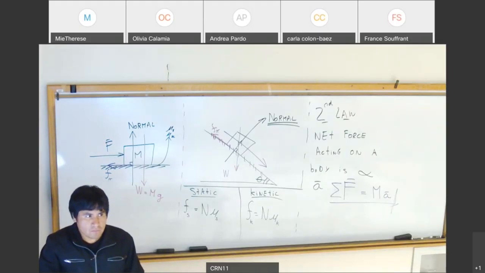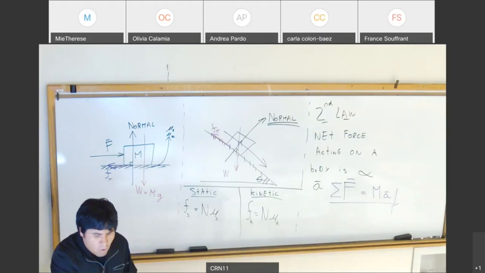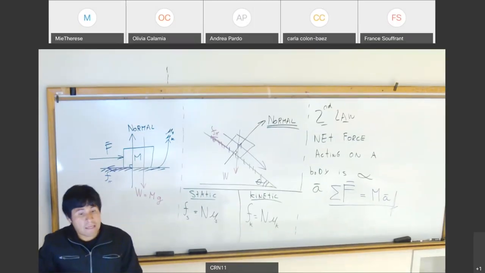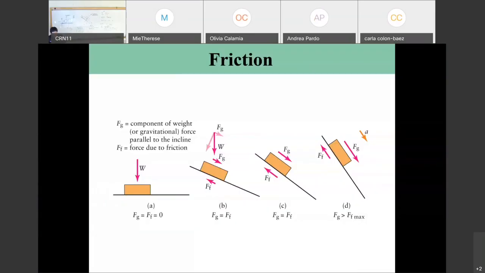All right. So we probably won't do a lot of problems on that, but I'll show you a couple of examples. The most interesting ones are the ones on inclined planes. Those are very interesting because that's when you have to use the geometry of the problem.